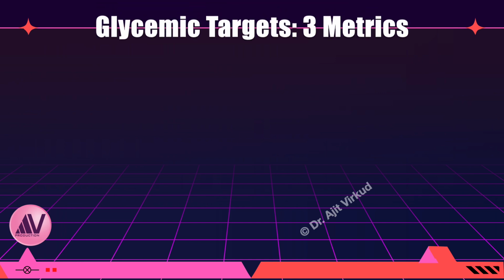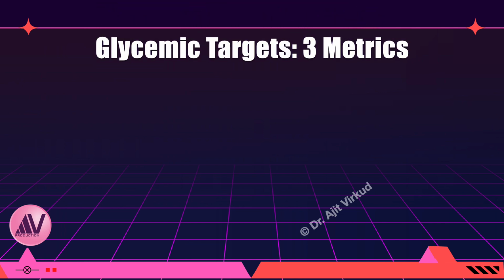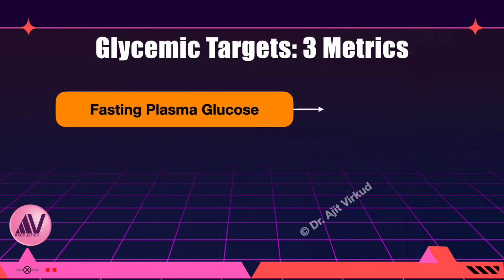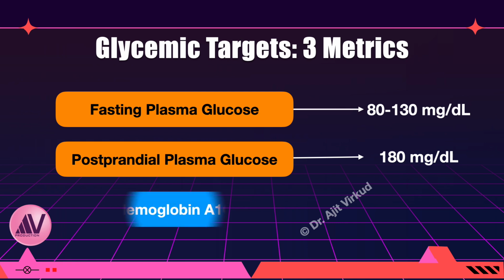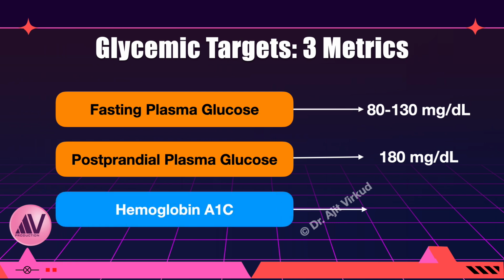And now I will come to what is the most important part of management from the practical point of view. Managing physicians must know what are the glycemic targets to be achieved after treatment is started. Traditionally, we use three metrics: fasting plasma glucose in the range of 80 to 130 milligrams per deciliter, postprandial plasma glucose of less than 180 milligrams per deciliter, and hemoglobin A1C less than 7%.